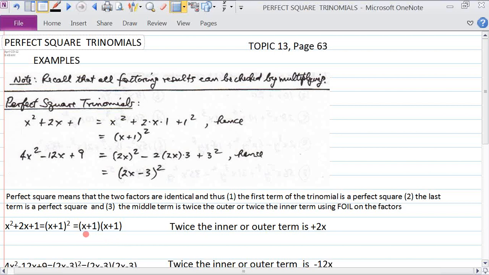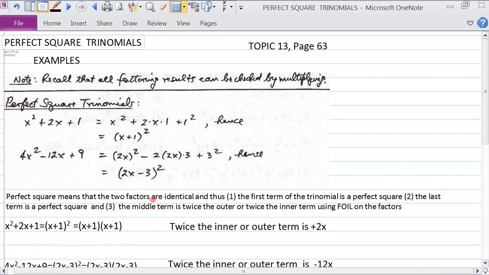And when I do that, the first times the first gives me x squared. The inner is plus x, 1 times x is x. And the outer is also x, 1 times x is x. So if we add the inner and the outer, we get 2x. And the last times the last gives me plus 1.